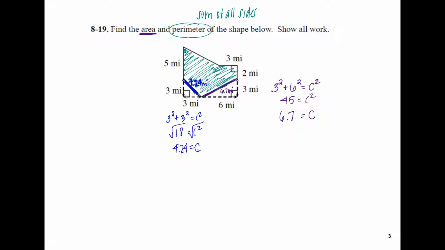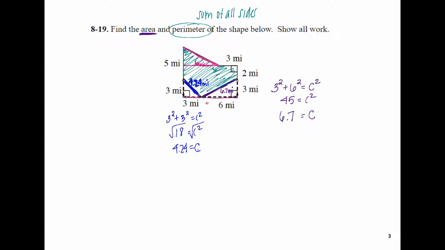And then we have one other piece to find, which is this piece right here. When we are finding this pink triangle, if you notice the length of this entire side right here is 6 plus 3, which is 9, which would make this 6.